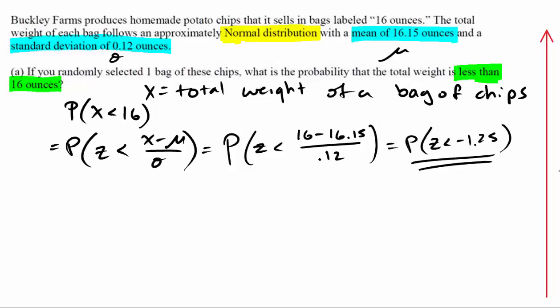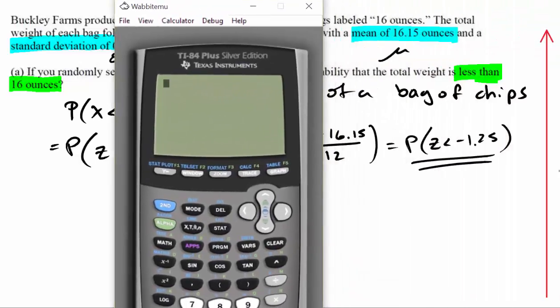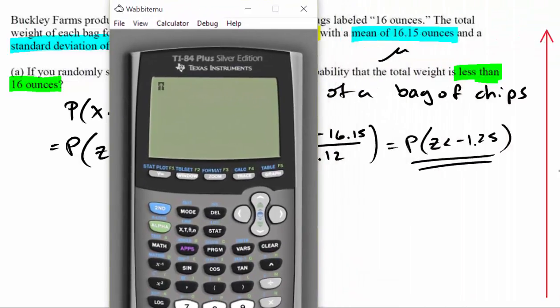So in order to compute this probability that z is less than negative 1.25, I can use a z-table if I'm provided one, or the calculator can also do this for me. I would go to second, distribution, normal CDF, and then my lower I essentially put down to negative infinity, and my upper at negative 1.25.